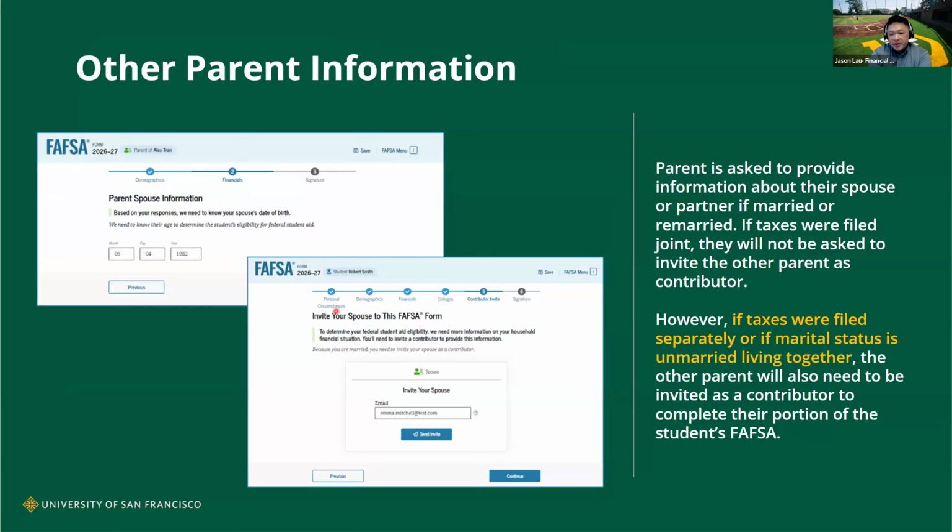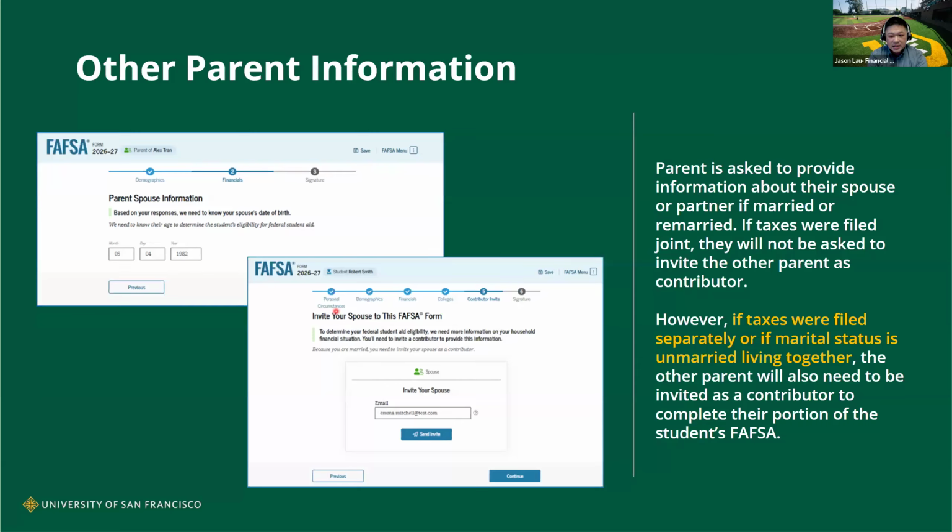All right. So for the other parent, let's say the parents are married, or maybe the parents are unmarried but living together. Or the other scenario would be if the parents are married but filed separate tax returns. Then the parent will also need to invite their spouse or the other parent to contribute their information to the FAFSA.